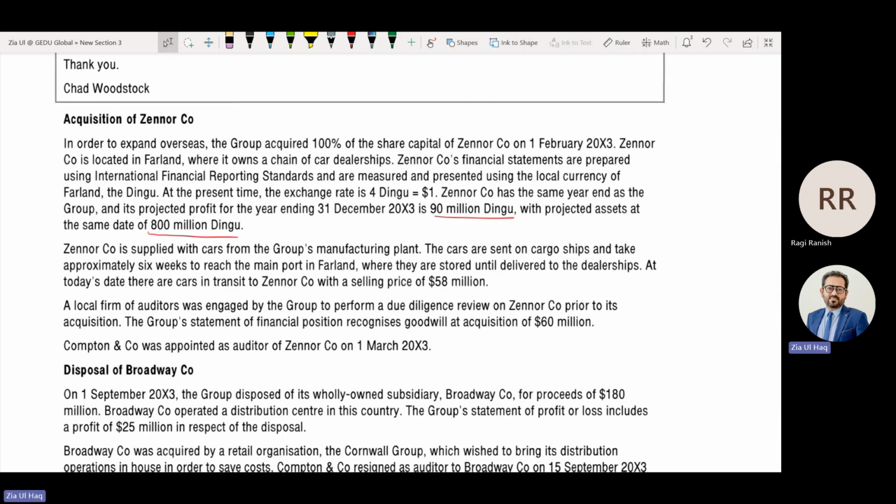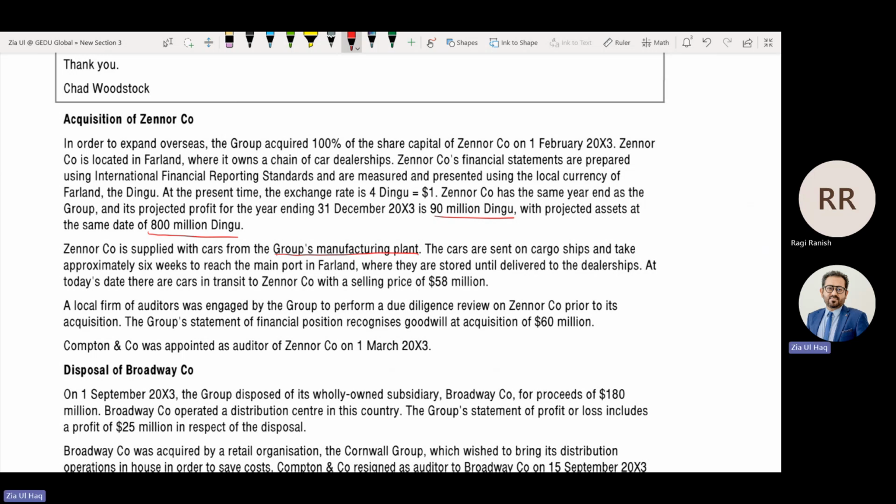Zener company is supplied with cars from the group's manufacturing plant. Intergroup transaction. The cars are sent on cargo ships and take approximately 6 weeks to reach the main port in Farland, where they are stored until delivered to the dealerships.